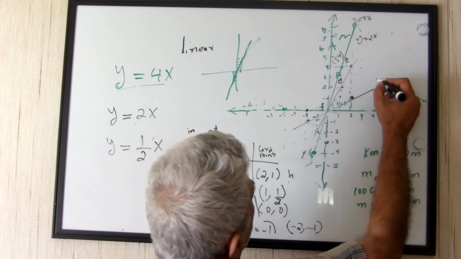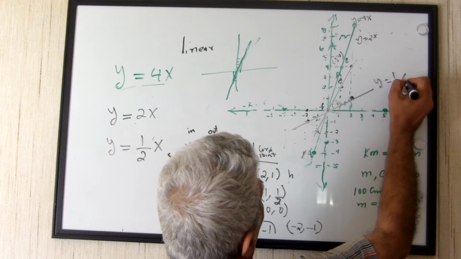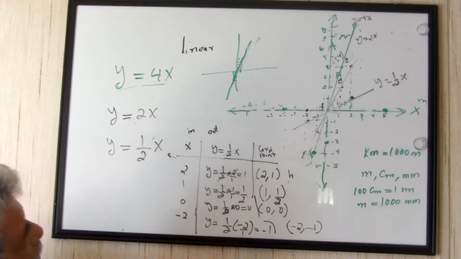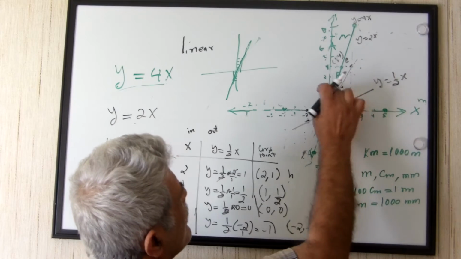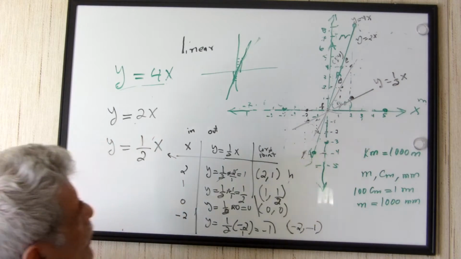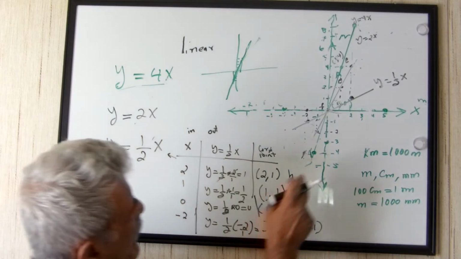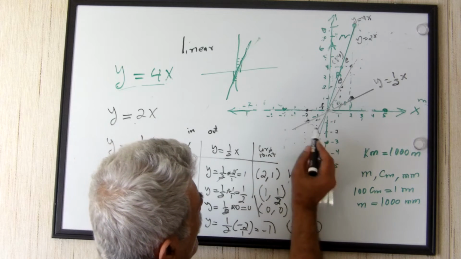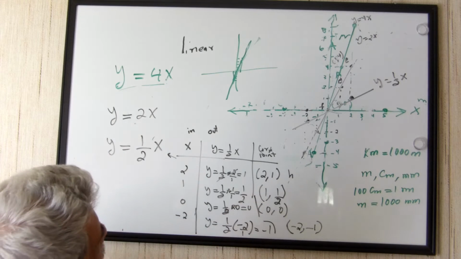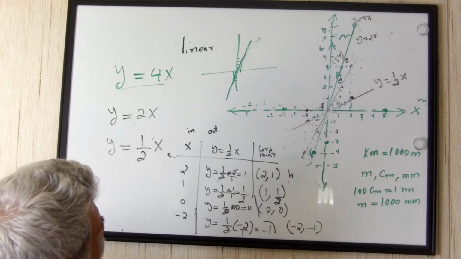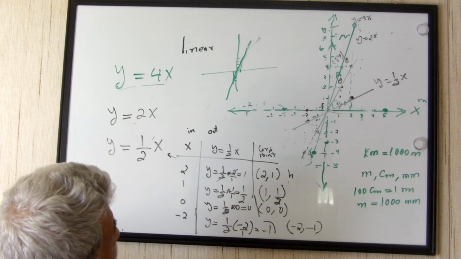See, this is y equals one half x. We just give a value to x and find y. That's it. If x is 3, it's going to give us this much y. If we get x minus 4, it's going to give us something. It depends on what function we use.